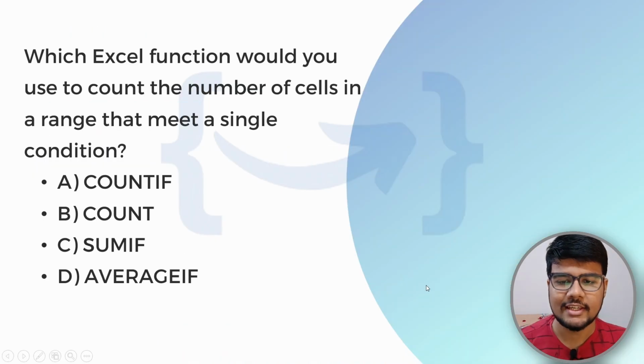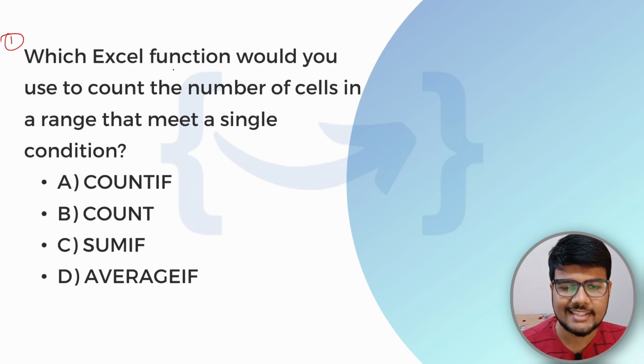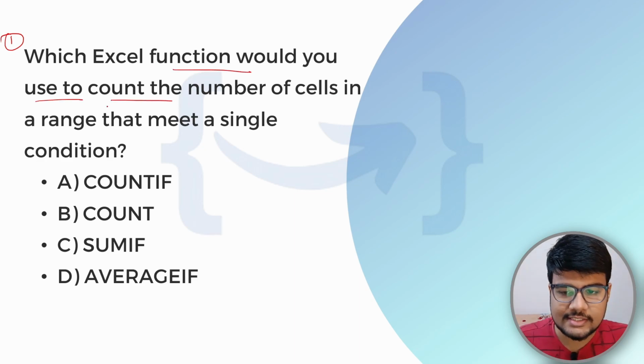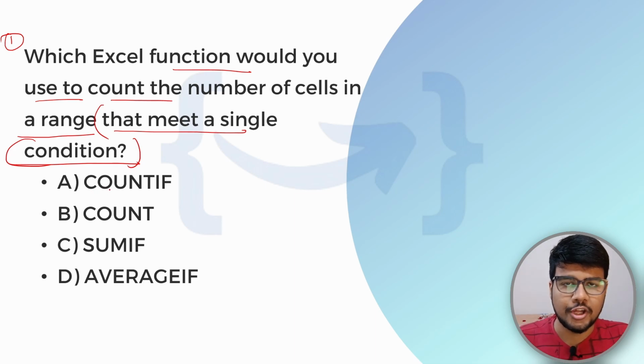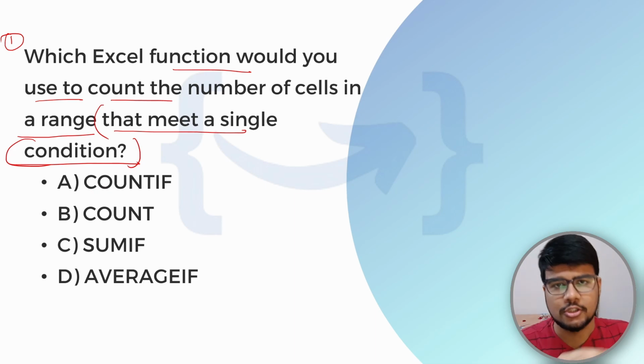So here we can see the very first question from Excel. Which Excel function would you use to count the number of cells in a range that meets a single condition? That meets a single condition is a hint for this question. Now, what would be the right answer? Have a pen and paper with you where you are marking how many marks you have scored.